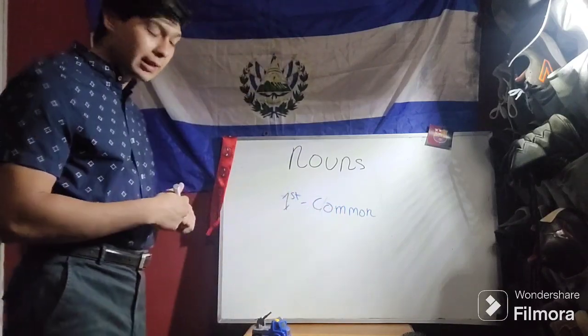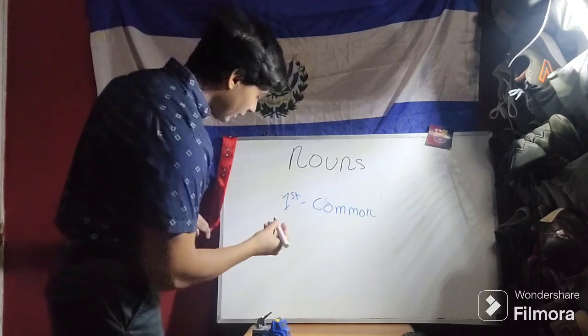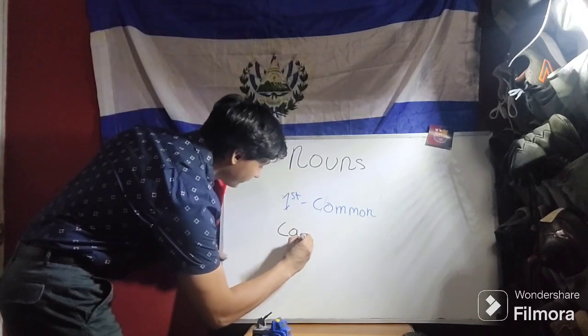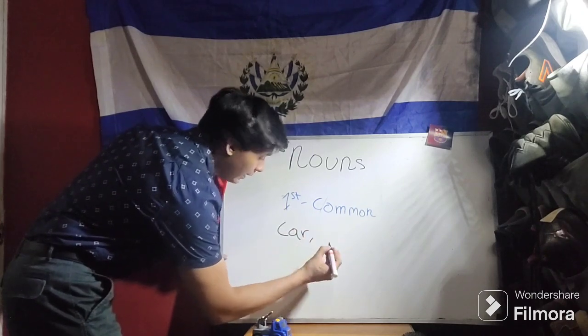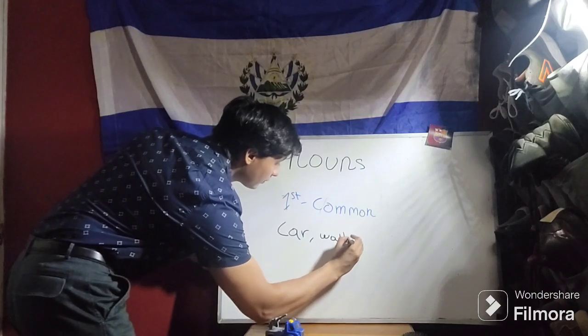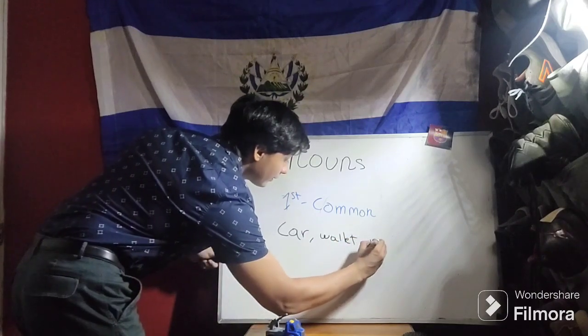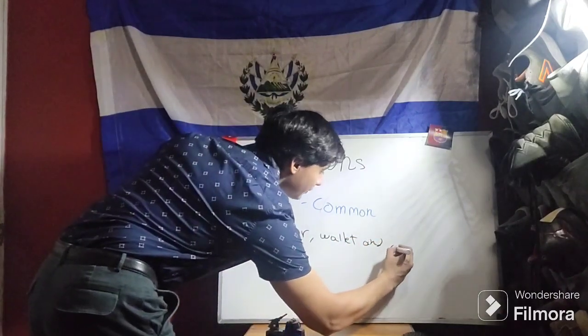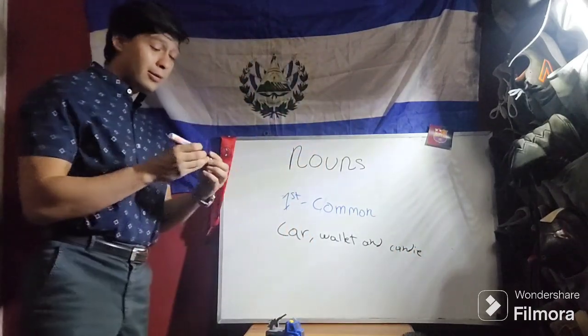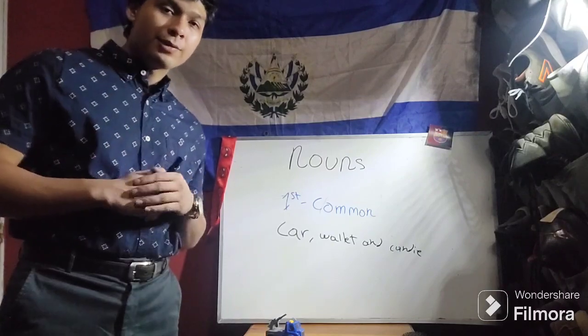So we're going to write it down. The first one I said was the car, and the wallet, and candy. So this is the first classification.